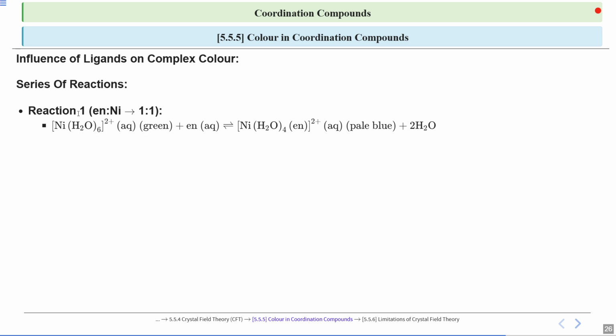This complex of nickel having water molecules as ligands, which is green in color, plus one ethylene 1,2 diamine in the aqueous medium, gives the complex nickel H2O(4) En, which is pale blue. So the green complex converts to the pale blue complex, and two water molecules come out of the complex. The color change observed here is from green to pale blue.